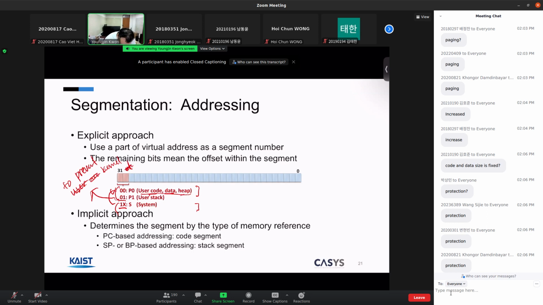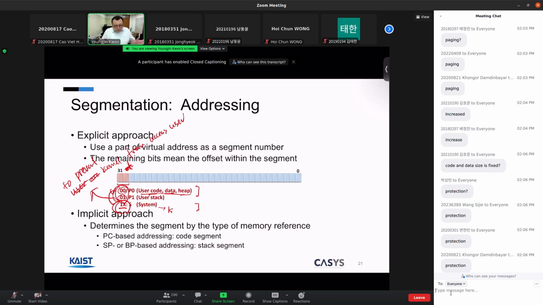Kernel data. The system segment is used by the kernel in this example, and this stack and heap are used by a user process. By separating segments, the kernel segment can be protected from the user segment. For that purpose, this segment scheme is used in this example.